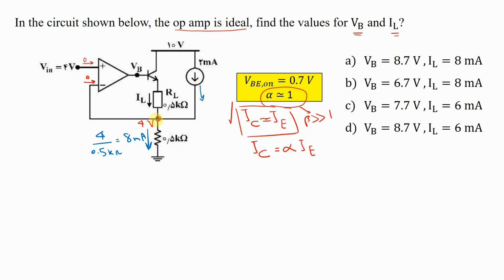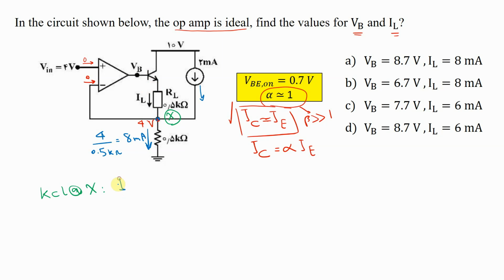So by using a KCL in this node, let's call this node maybe node X. Using a KCL at node X, you can simply calculate IL, because here IL is going through this node.